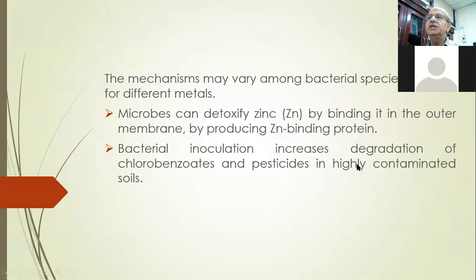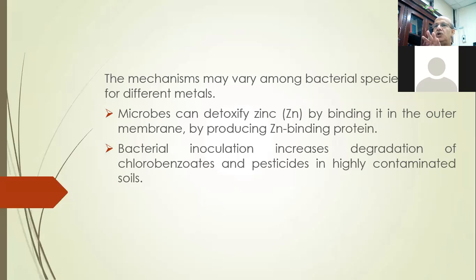Bacterial inoculation increases degradation of chlorobenzoates and pesticides in highly contaminated soils. If there are highly contaminated soils containing chlorobenzoates or other pesticides, those can be taken up by the plants and can enter into the food chain.